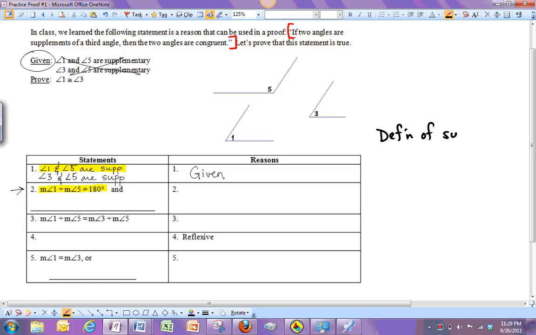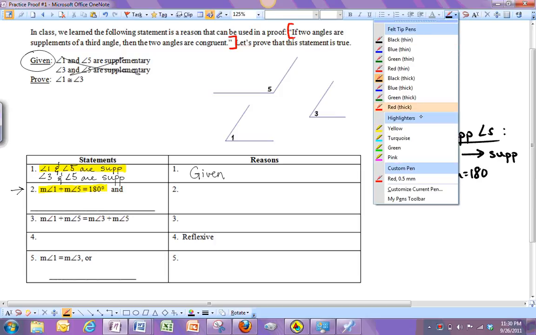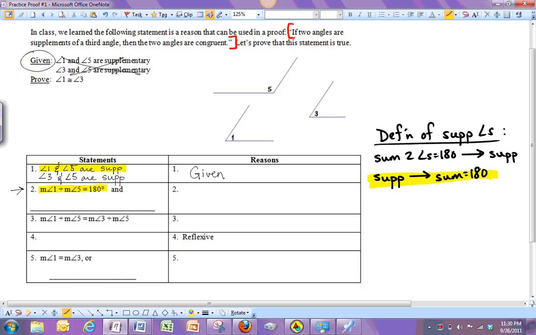Definition of supplementary angles. And that says two things. One of the things it says is if the sum of two angles is 180, then you can call the angles supplementary. The other one says if you already know you have supplementary angles, then the sum is 180. Right? Well, in this case, we're dealing with this one.